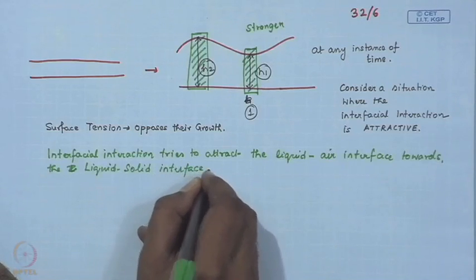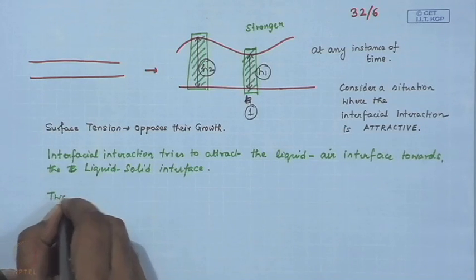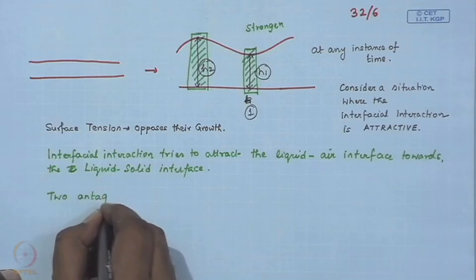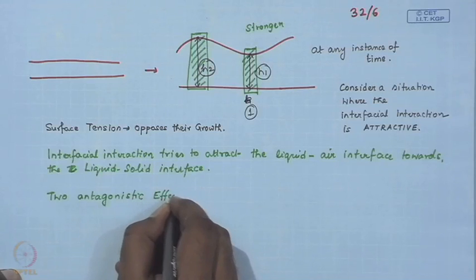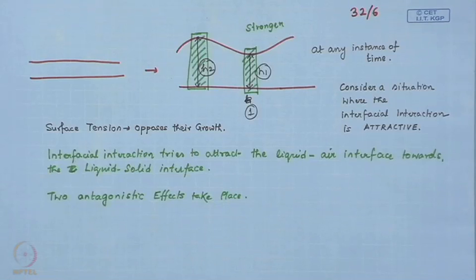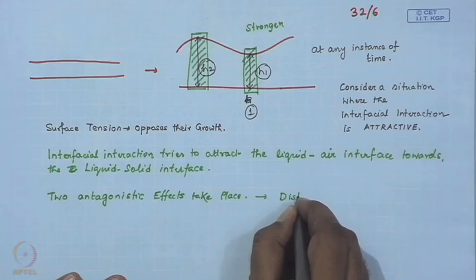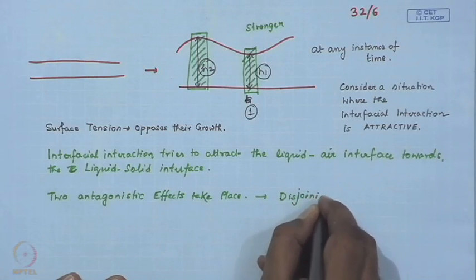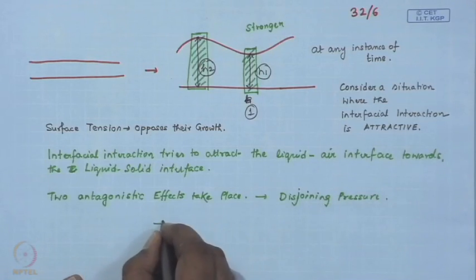So, now for the first time you have a situation where there is a competition of two antagonistic effects. One is an attractive interfacial interaction which results in the disjoining pressure, and one is the Laplace pressure driven, or surface tension driven, stabilizing effect.